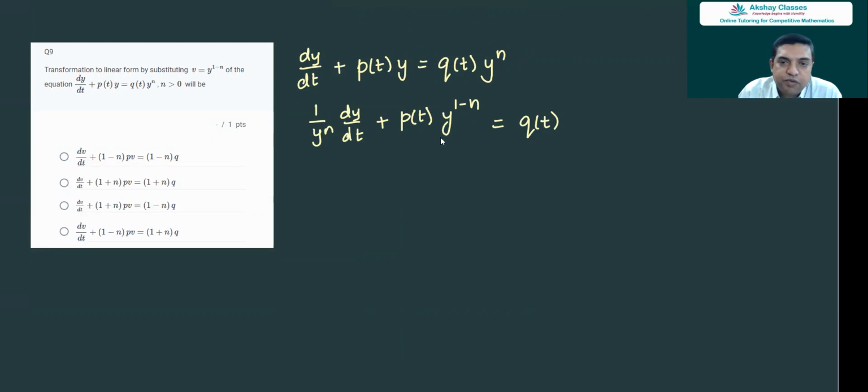Now we have to transform. So we put this as v. Okay. So given this is the substitution. Now derivative: 1 minus n times y to the power minus n dy by dt is equal to dv by dt.